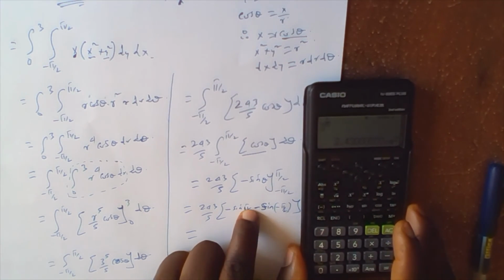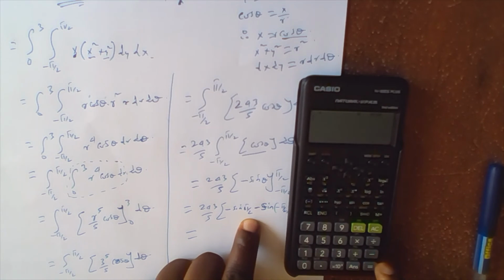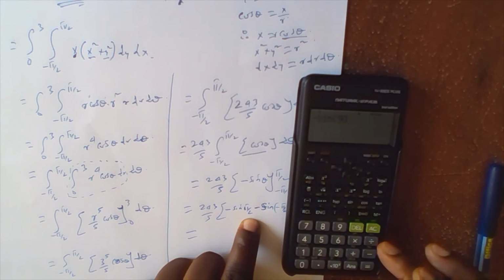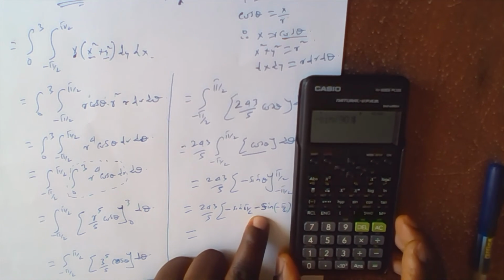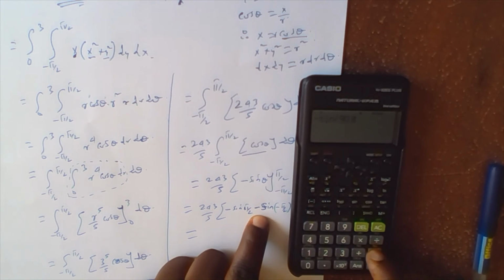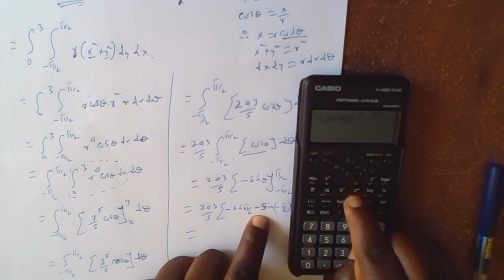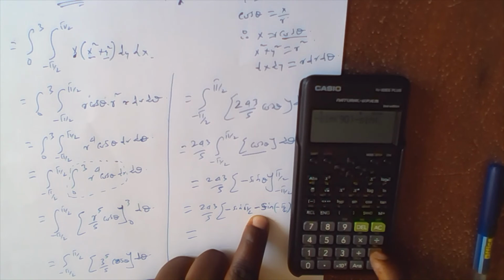Pi over 2 is the same as 90, so we have minus sine 90 minus sine negative 90.